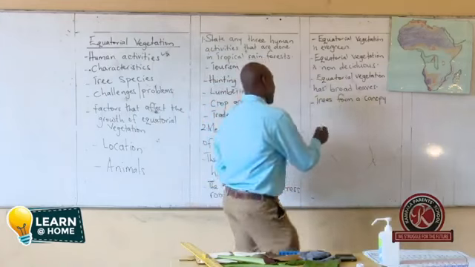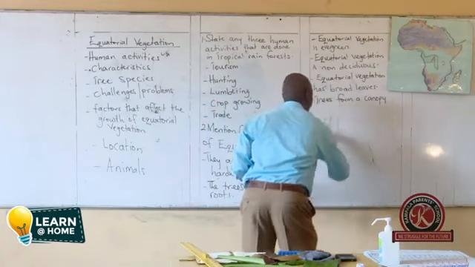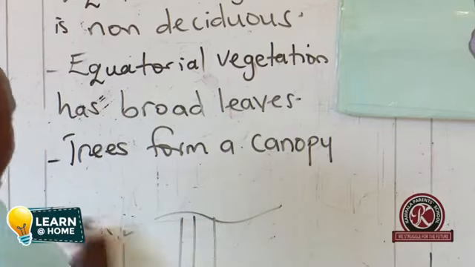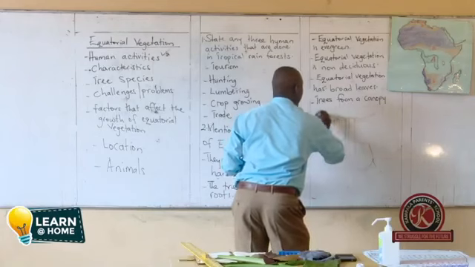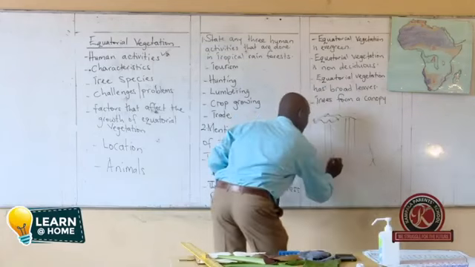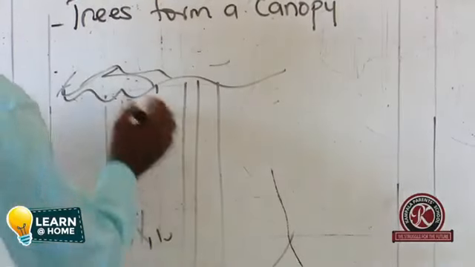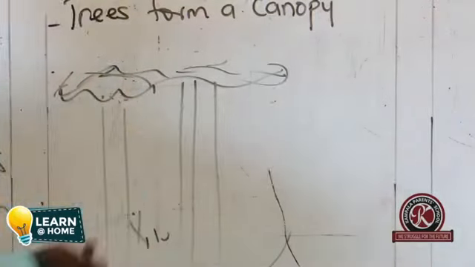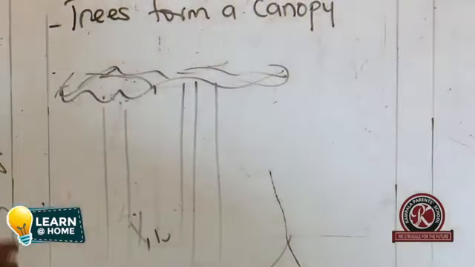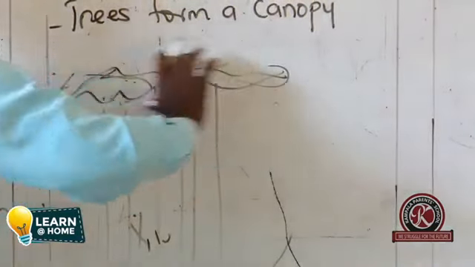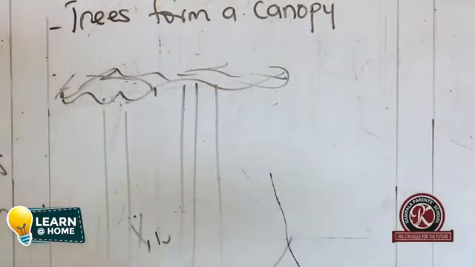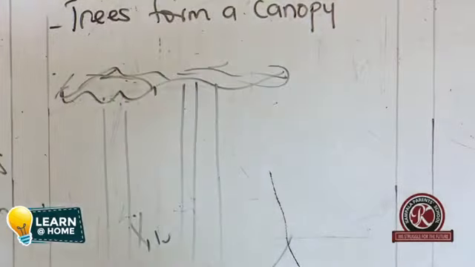When you move to Mabira Forest, you see bigger trees with smaller trees growing in between them. So this is what we call a canopy, the umbrella-like structure found on trees in the equatorial region. The leaves on top cover the top part of it, and when you are under, you can't see above.